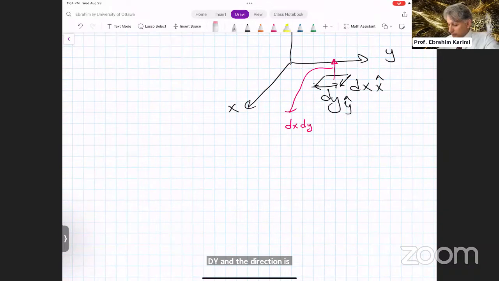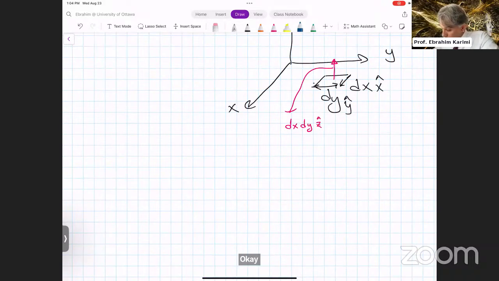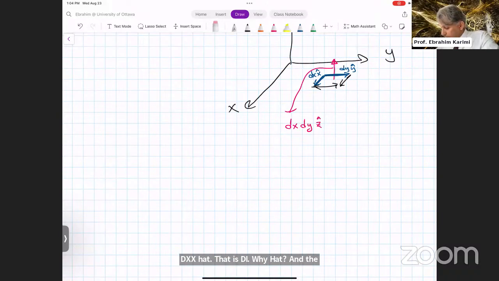It will be along the z direction, so it will be along z hat. So that is dx x hat, that is dy y hat, and the result will be given by that.